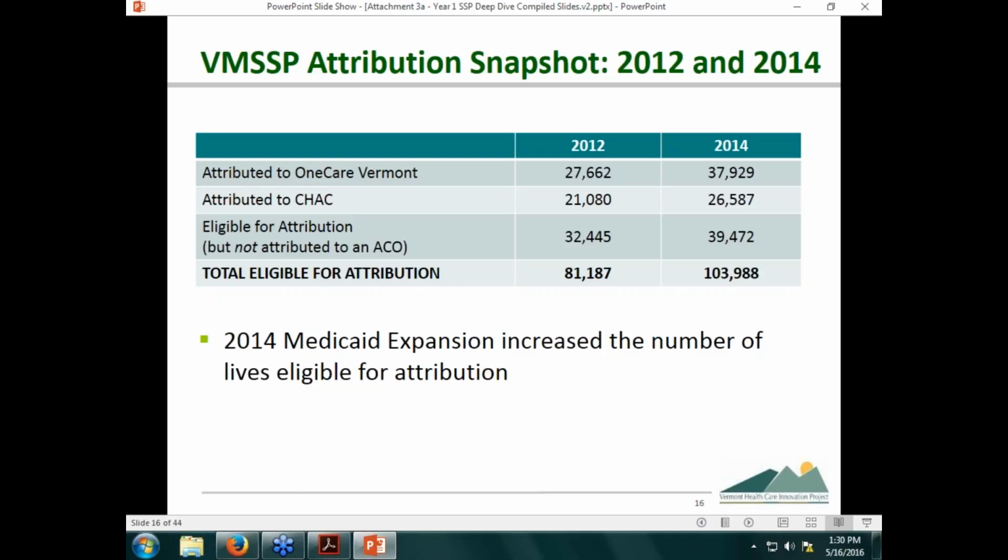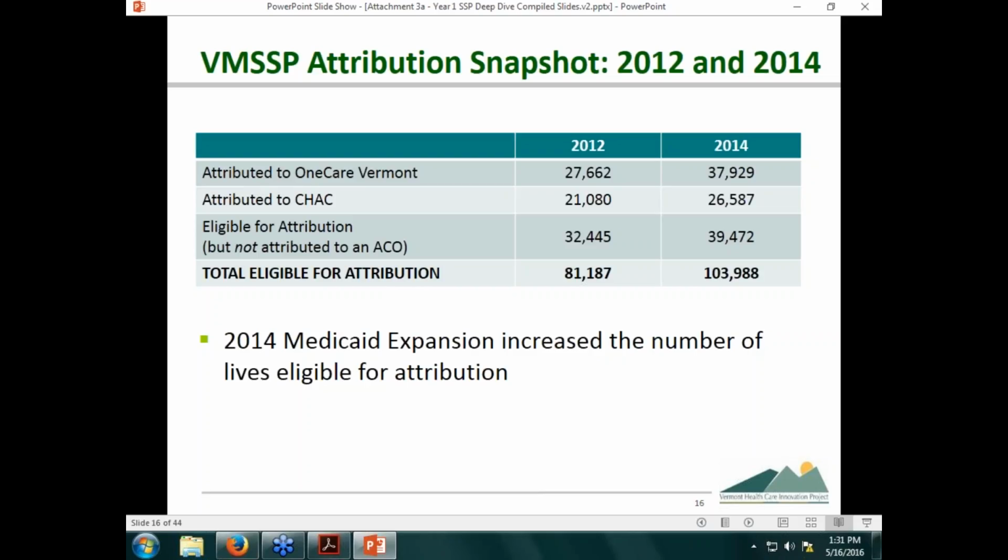You can see, looking from 2012 to 2014, the number of individuals considered eligible for attribution increased by about 20,000. This is also interesting because there was a lot of uncertainty nationwide when contemplating Medicaid expansion about how utilization patterns would look for this group of individuals.